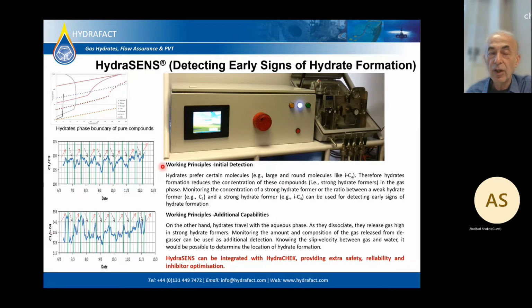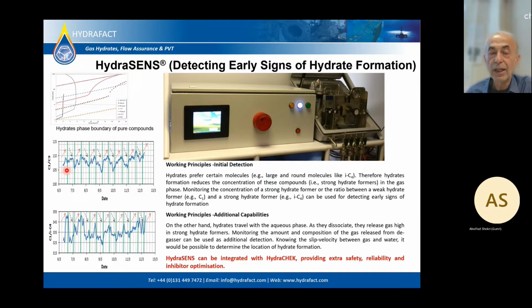This is a real case. Total in France, they have a wet gas reservoir, and originally they were using methanol, but because water cut increases and methanol is no longer economical, they use anti-agglomerant.